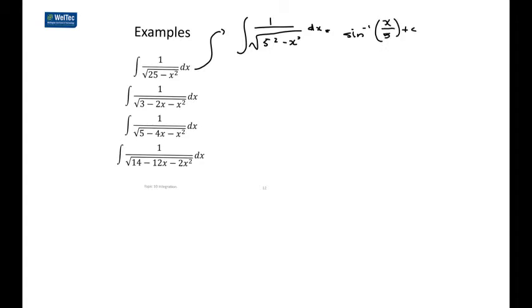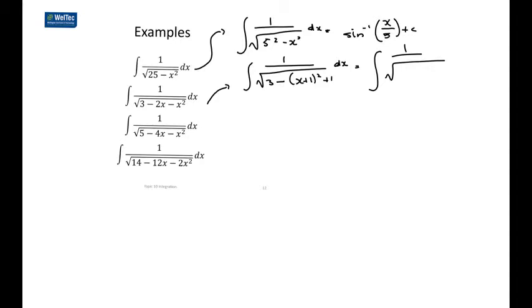And for the second one, again, we just have to do a little bit of fiddling. We can rewrite it as 1 over the square root of 3 minus x plus 1 squared plus 1, which we can then further refine as 1 over the square root of 4, because 3 plus 1 is 4, minus x plus 1 squared.